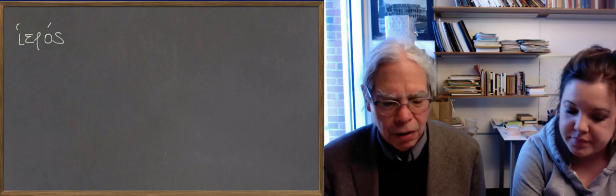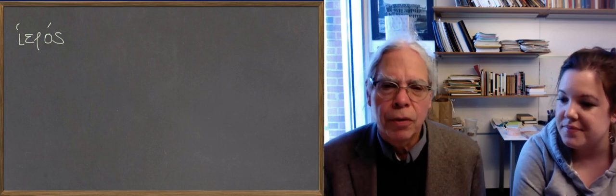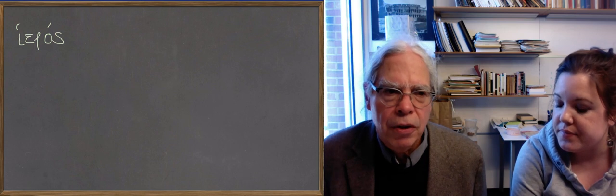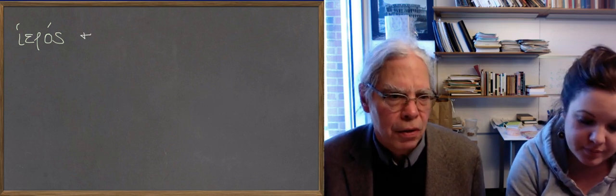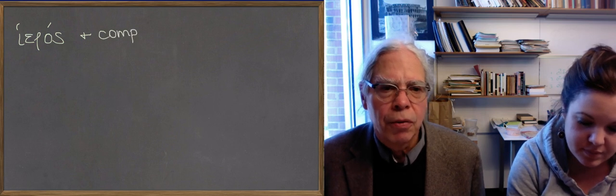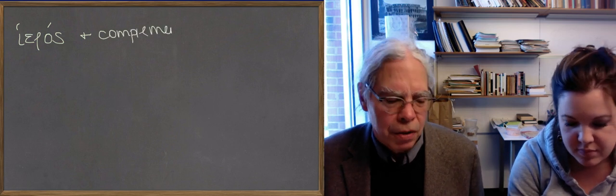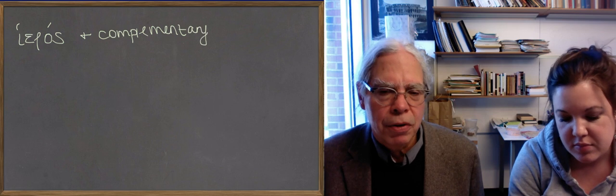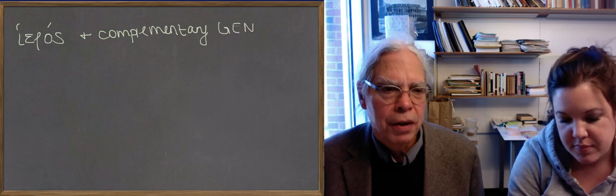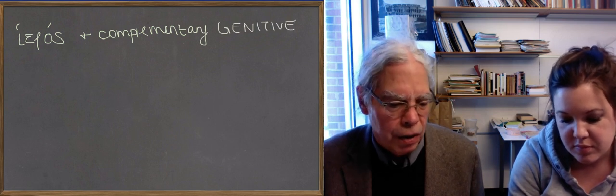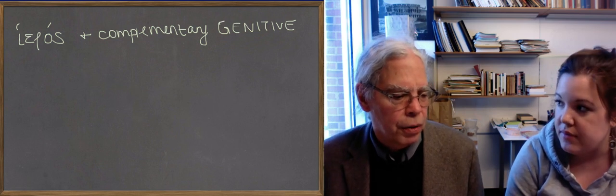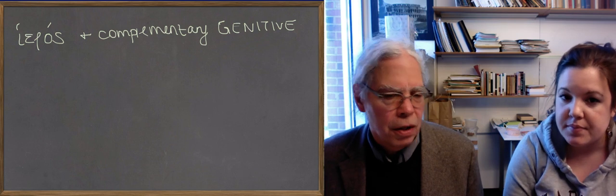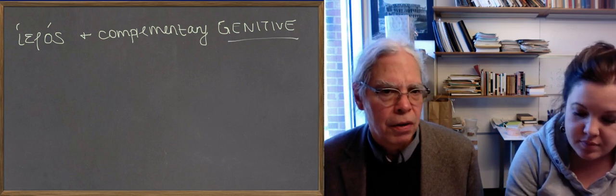But the important thing about this adjective is that it governs a complement in the genitive case as opposed to the dative. We're used to saying it's sacred to me, or sacred to a particular god, and you would think you'd have a dative, but in Greek you use a genitive. So you put the god to whom something is sacred in the genitive, not in the dative.